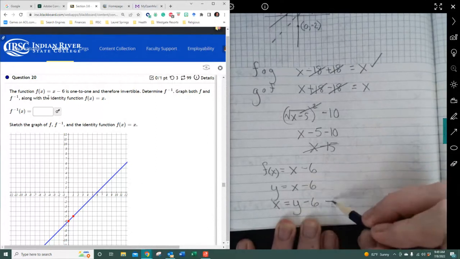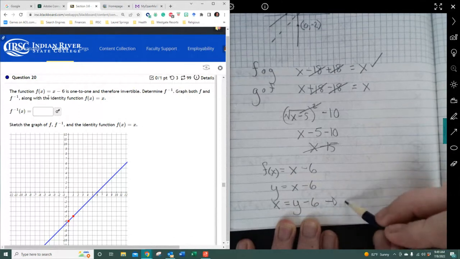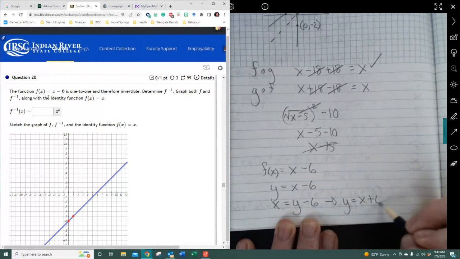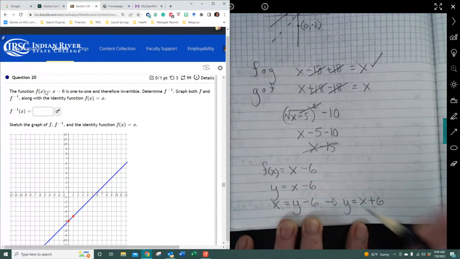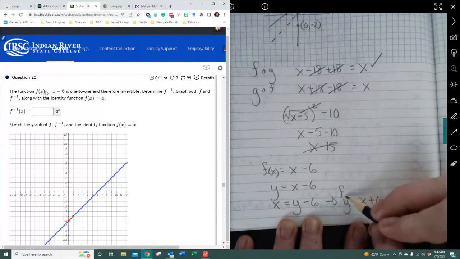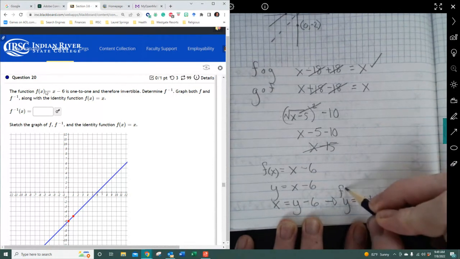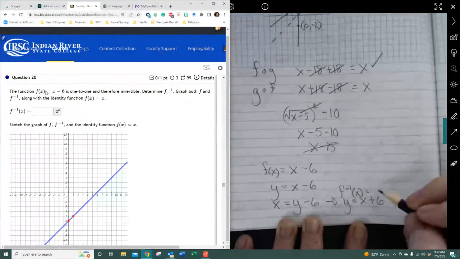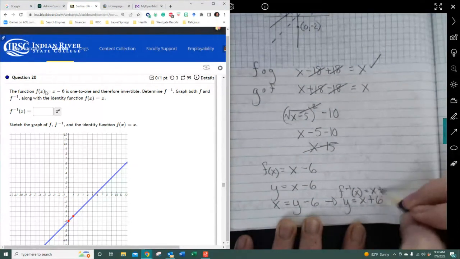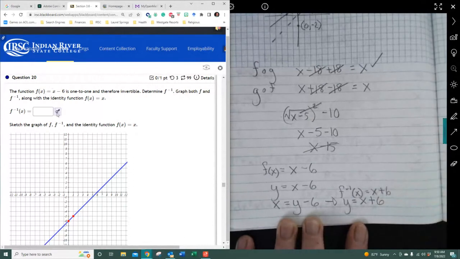So then you add 6 to both sides. You get y is equal to x plus 6. So that's what we're looking for, the inverse. And then all you have to do is switch the y back to f -1 of x, and that's just notation. So that's how you do that.